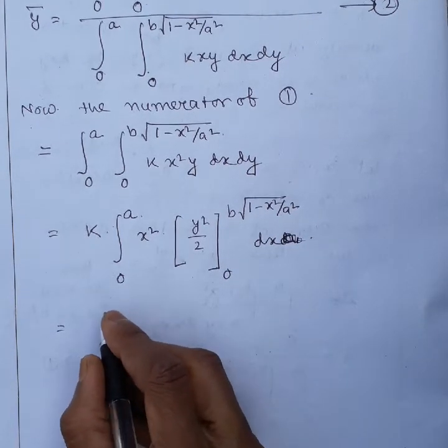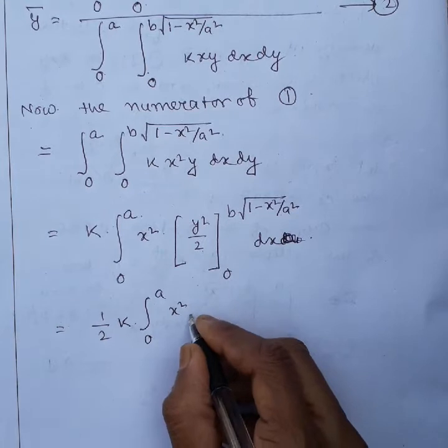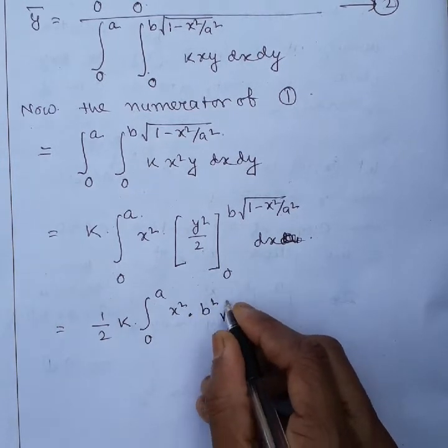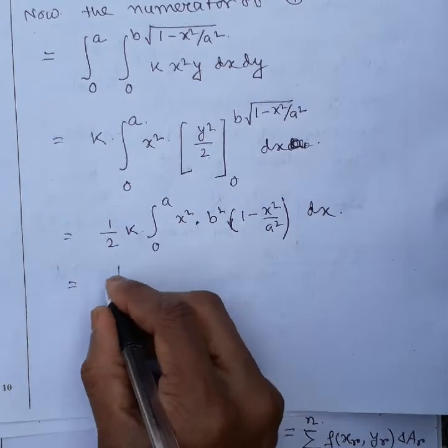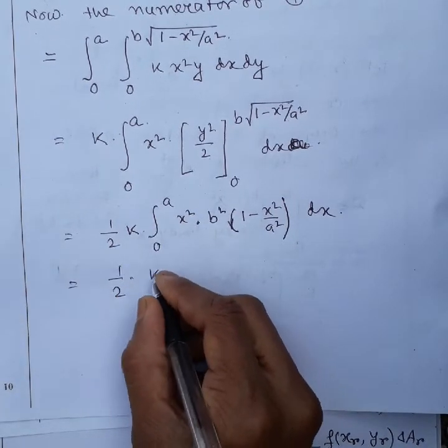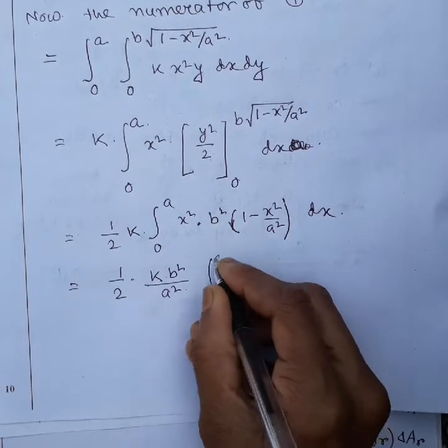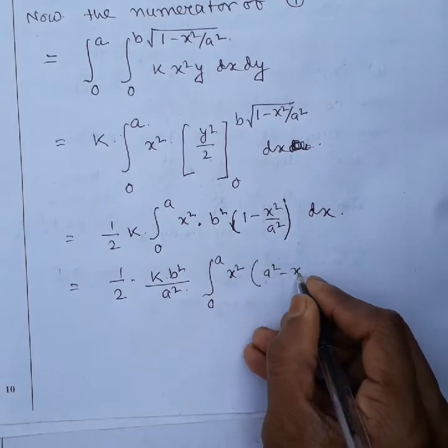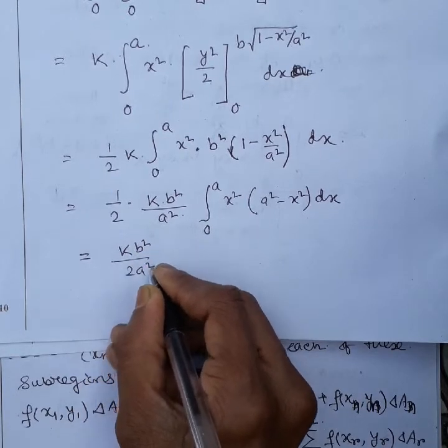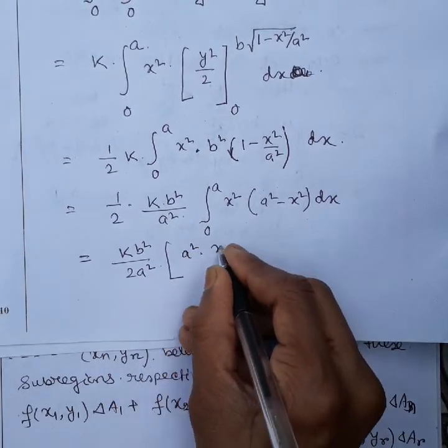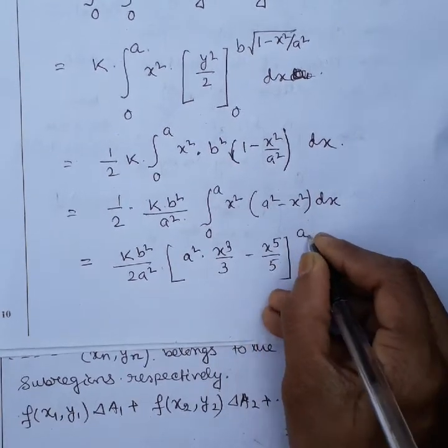So that is equal to half of k into integration of 0 to a x square into b square into 1 minus x square by a square dx, that is equal to half into k into b square by a square, integration of 0 to a x square into a square minus x square dx, which is equal to kb square by 2a square into a square into x cube by 3 minus x to the power 5 by 5, 0 to a.